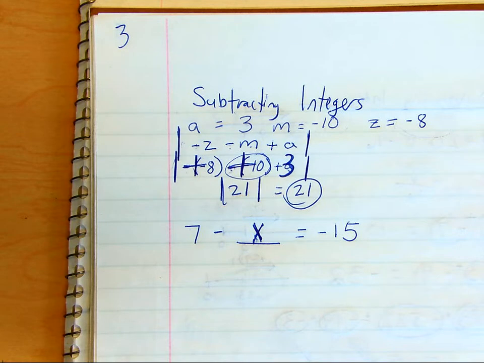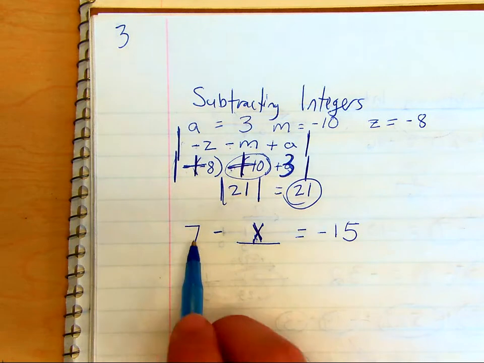Does anybody have a thought? Yeah. You're close. If you add 7 to the 7, it cancels it out, and then you would do +7 underneath the 15, and you get -8.